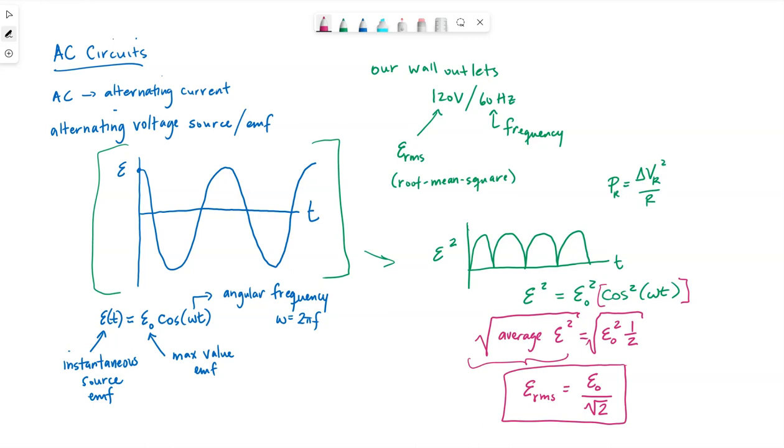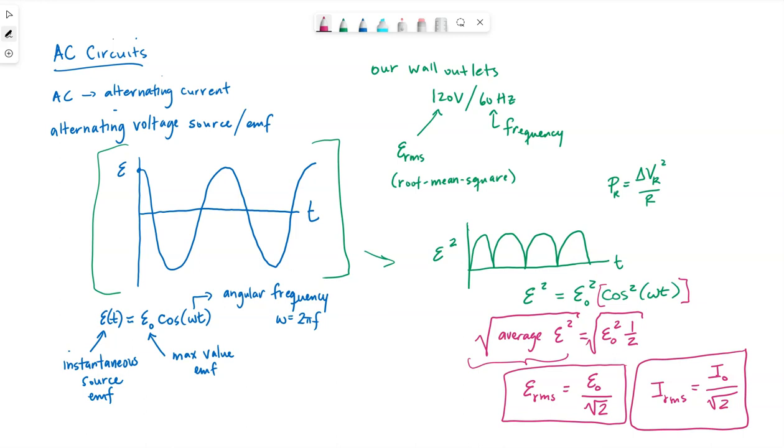When we have an oscillating source voltage, we also end up with a current through the circuit that will oscillate with time. And we could go through a similar process to show that the RMS current will equal the maximum value over the square root of 2.